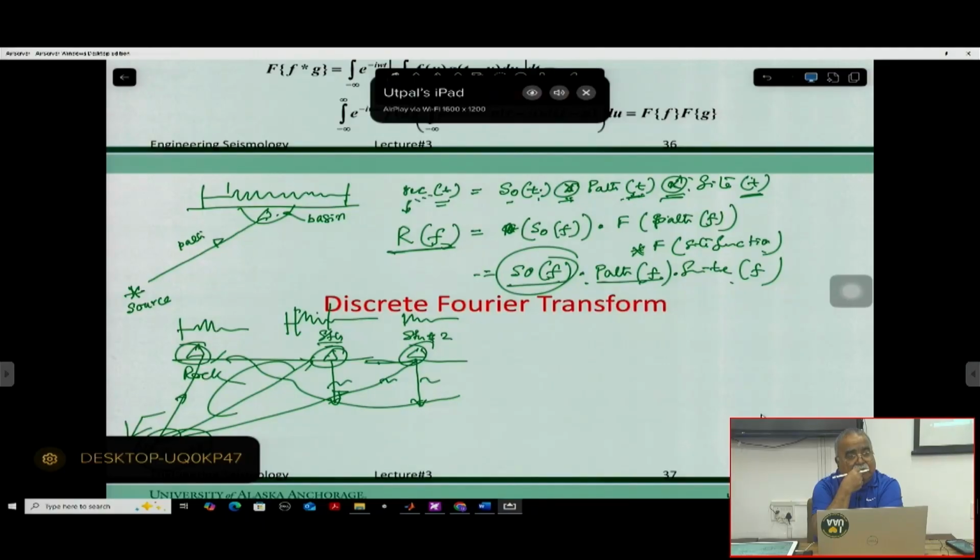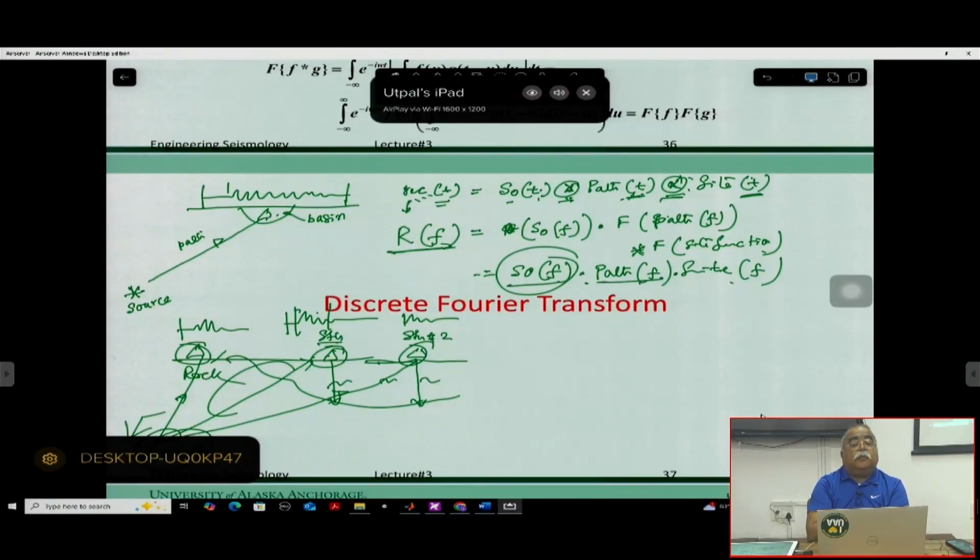The site depends on the geology of the underlying structure, and what is the path? The path will attenuate the high frequency waves. So whenever there is an earthquake, it creates a signal, and that signal will have all frequencies present. Every frequency is present there, right? Because it's a pulse, right?